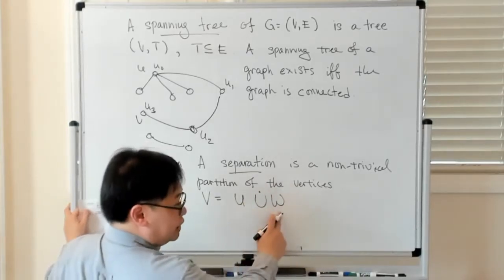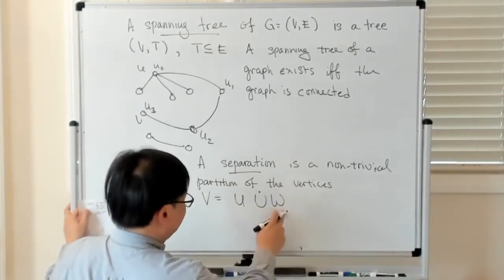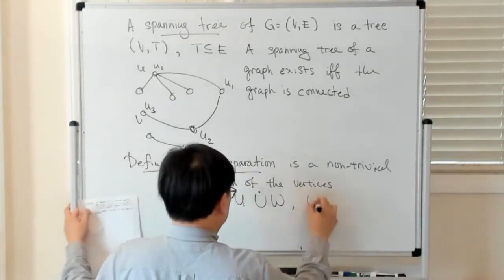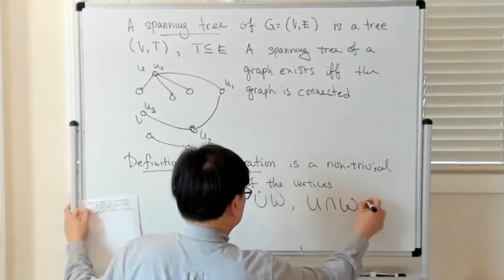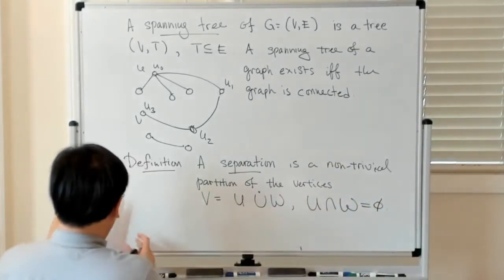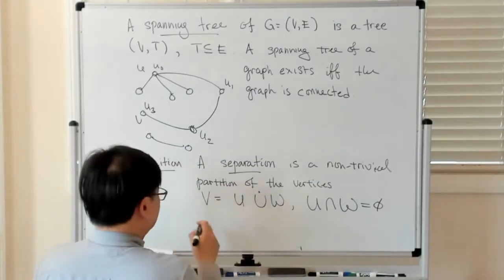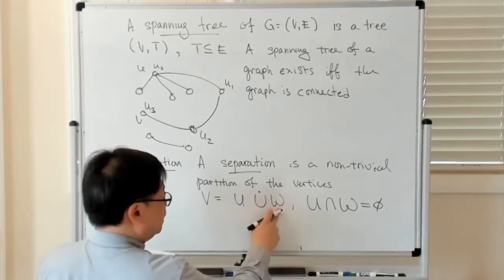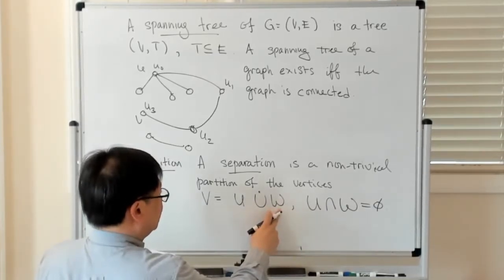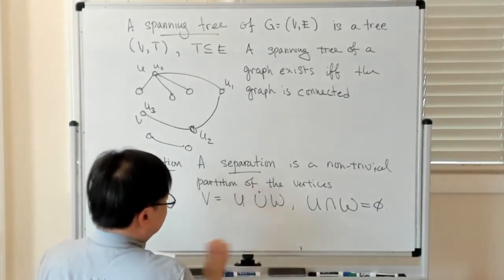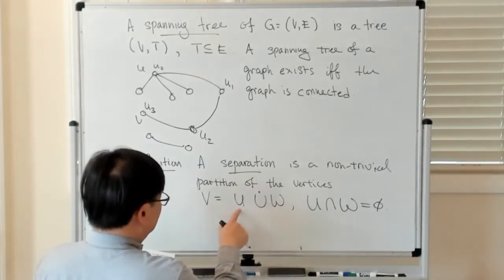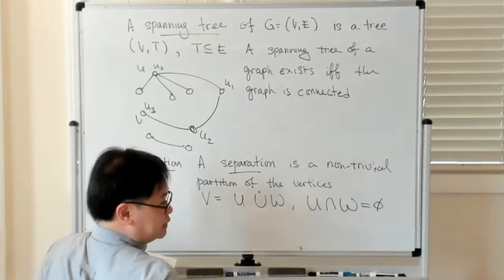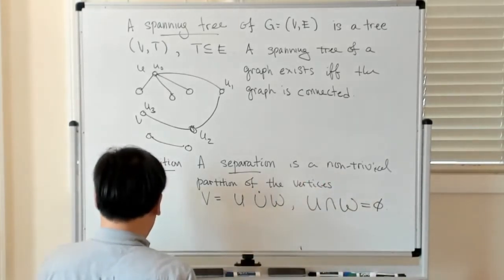Where U and W are each non-empty, but their intersection is empty. Okay? Right, so U intersect W is the empty set. All right, and then you have this non-trivial partition of the vertices. Again, non-trivial refers to the fact that neither of these things are empty sets. Okay, because of course you could always have written V as V union the empty set, and then this property would be satisfied. So that's why non-trivial is necessary there.